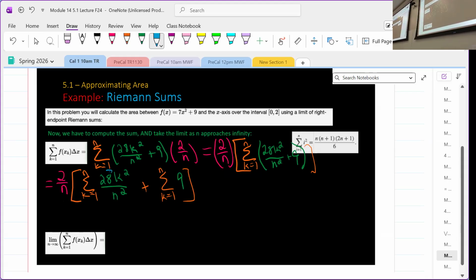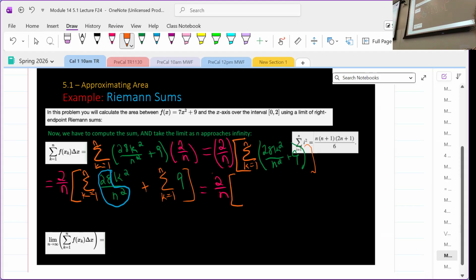Now my 28 over n squared does not involve a k, so that can come outside of that front sigma. I still have the 2 over n out front. And it's very easy to forget that 2 over n.